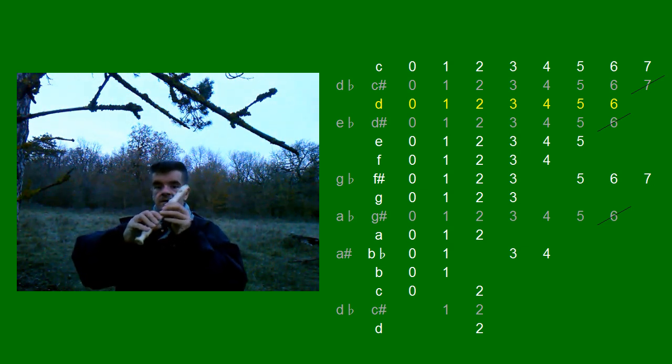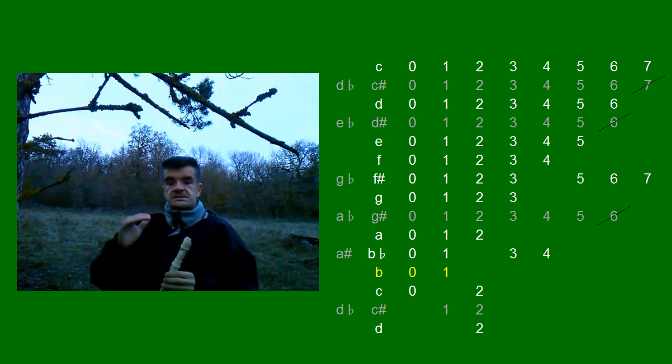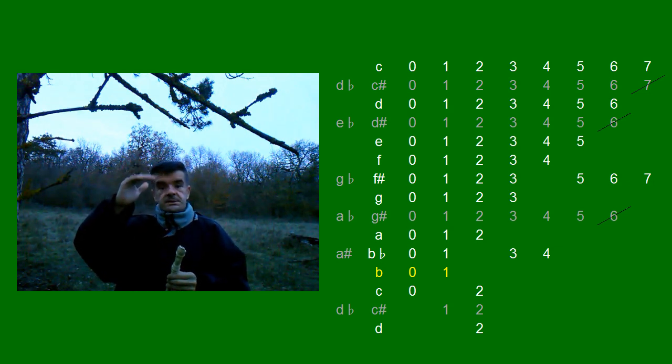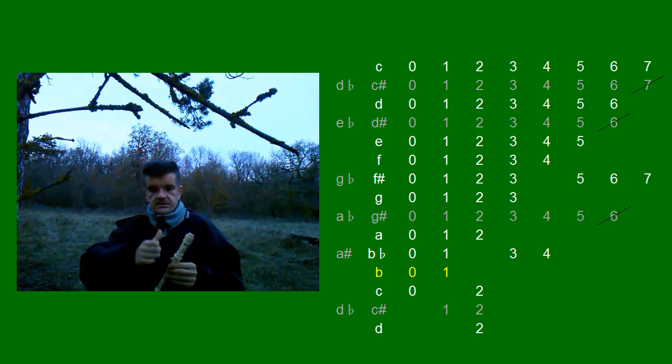That means C again, D, E, F, G, as we have just had, now A, and now we have B. And now you see from C to B, you just have to lift one finger, and then you can go through all the notes except for the half notes.